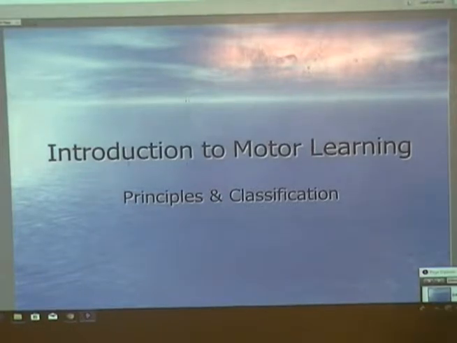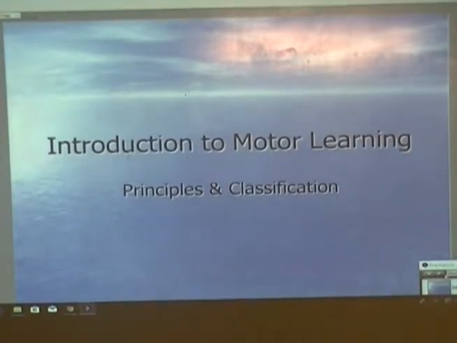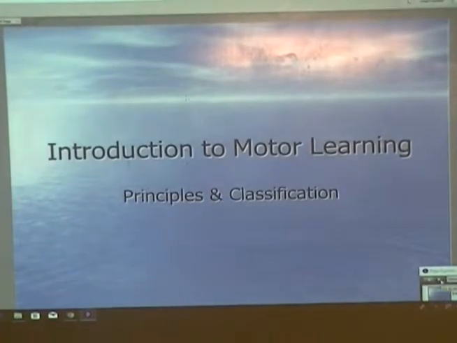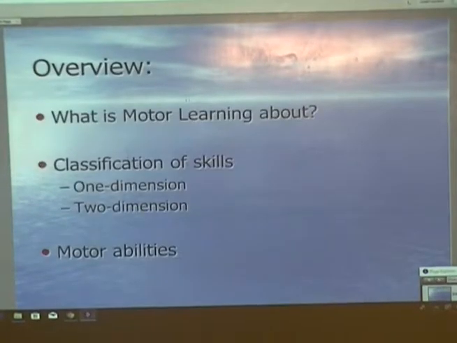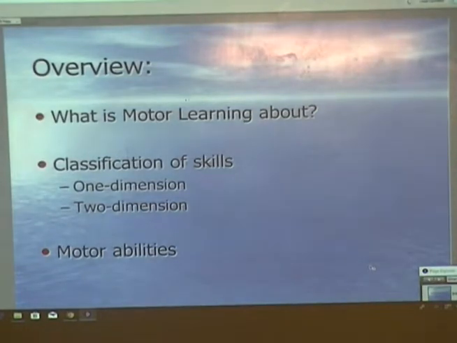All right, so we're going to look at some classification ideas, because if we want to look at how we learn skills, we need to be able to classify them into groups, because groups of skills have similar properties that would impact learning.